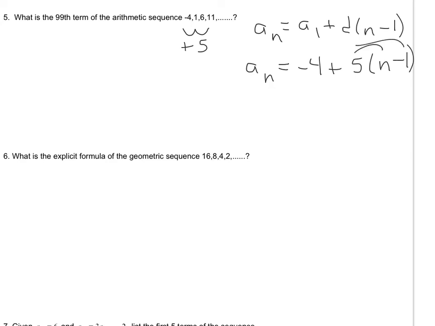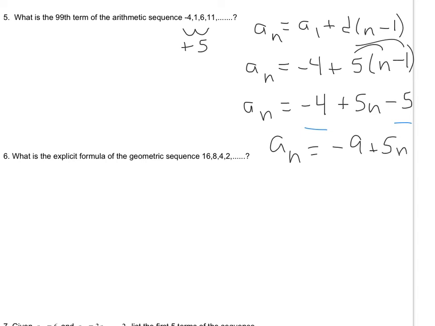If I distribute the 5, a sub n equals negative 4 plus 5n minus 5, and combining like terms, a sub n equals negative 9 plus 5n.